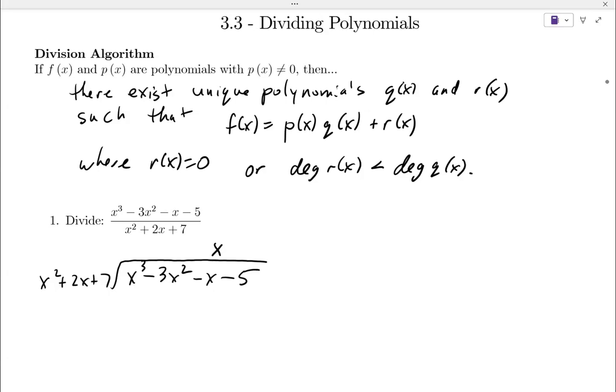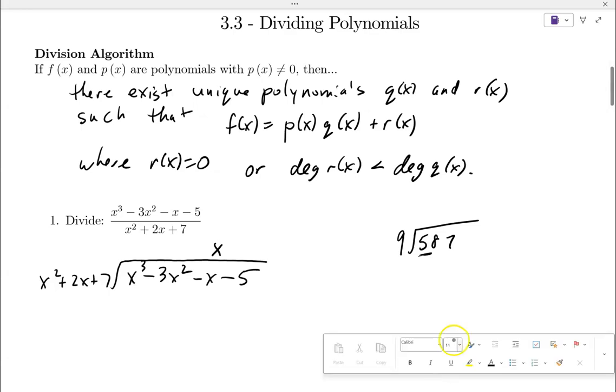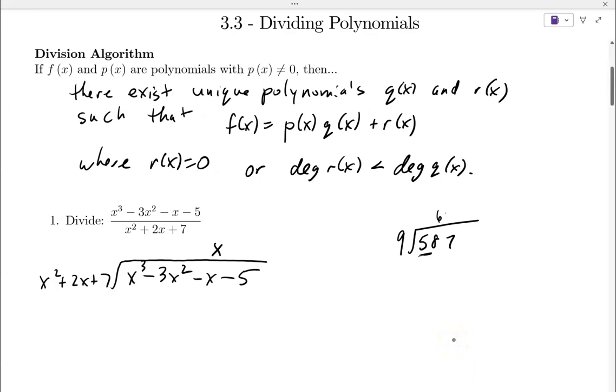Now, what did you do when you did this back in grade school? Let's do a slightly larger number. Maybe I wanted to do 9 into 587, say. You looked at this part and said 9 went into that 6 times. What did you do with the 6 and the 9? You multiplied them, right? And then subtracted.